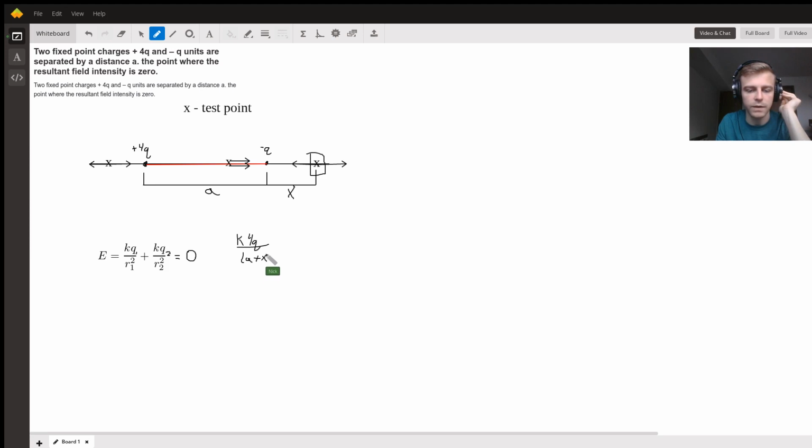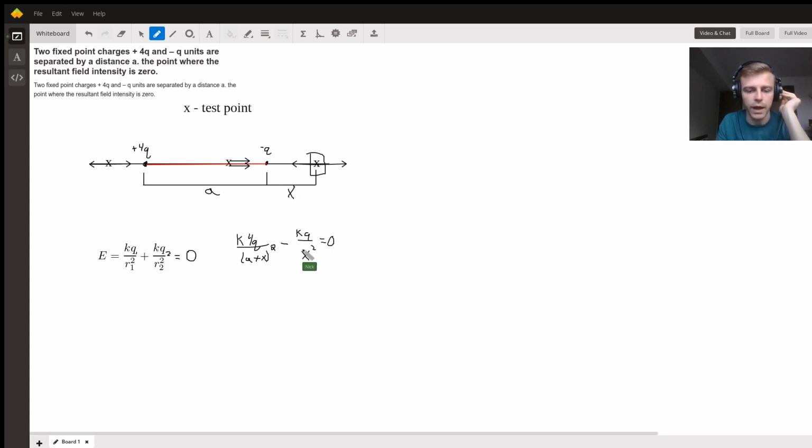So we have (A plus X) squared, the full distance from the +4Q charge to this spot. Then we have a minus because of the negative Q. Minus KQ over R2 squared. R2 is just X because it's just the distance from that charge to here. So we can say that this is X squared and that equals 0.